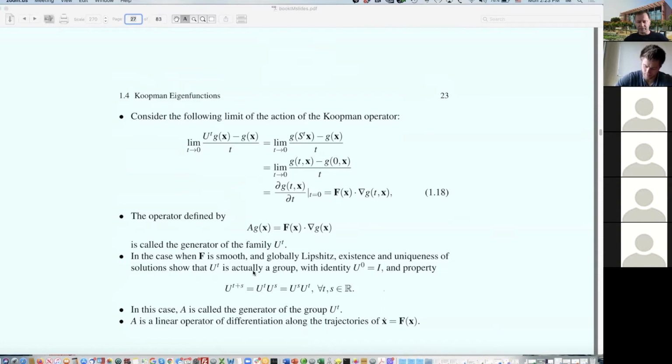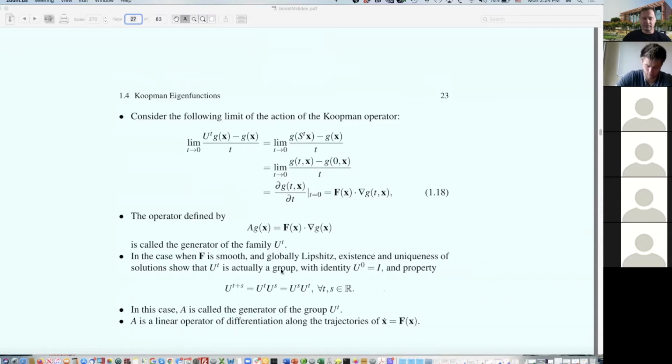But let's first talk a little bit about a property of Ut in the case when f is smooth and globally Lipschitz, meaning the solutions exist and are unique. In that case, it turns out that this family Ut of operators is actually a group.